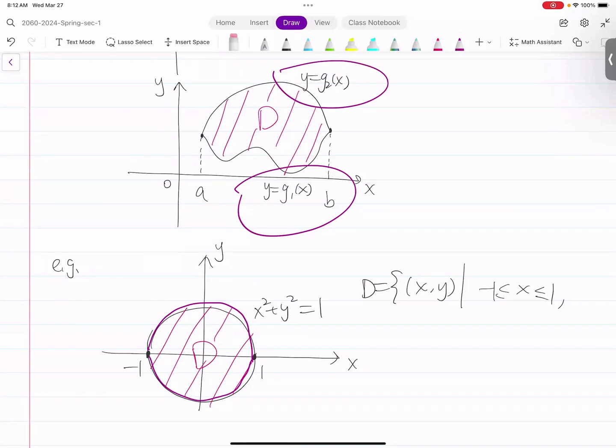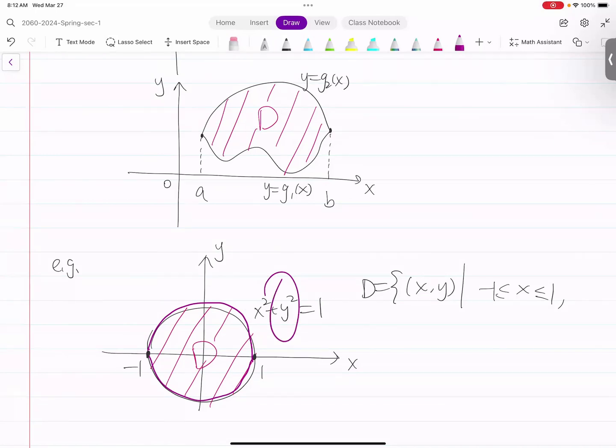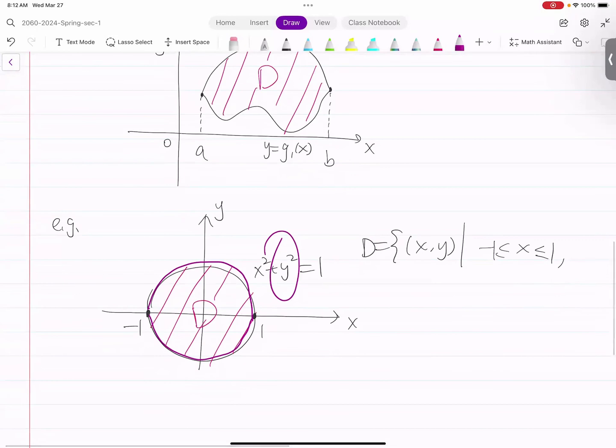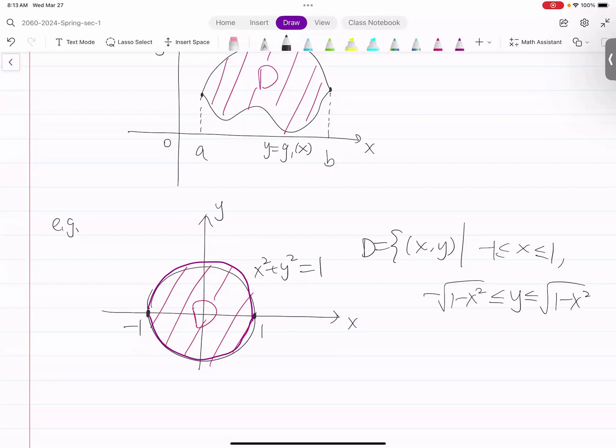By solving for y from the equation, this is a simple radical, right? So y has to be plus or minus the square root of 1 minus x squared. That gives you the bounds g1 and g2. So y is less than or equal to the positive square root and greater than or equal to the negative square root.